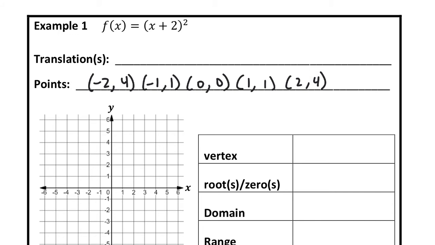As far as the translation goes, they are adding 2, so that means a horizontal translation, 2 units to the left.